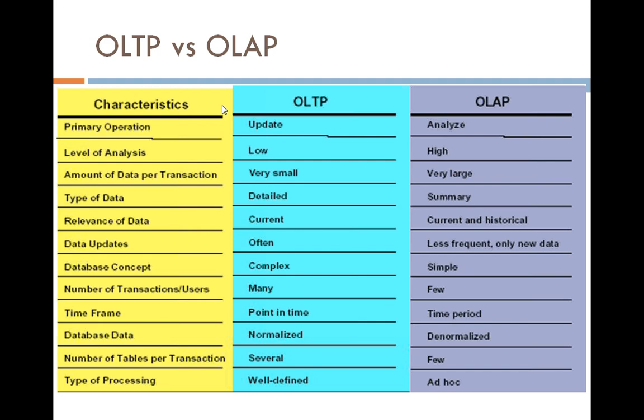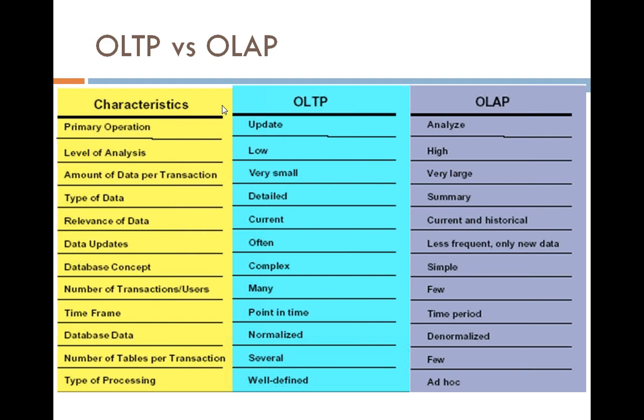That is the reason these OLTP systems are optimized for storing the data, or writing the data into the tables, and they use different tables in order to store the data. When it comes to reporting, these systems are very good at storing the data, but when we want to analyze the data, these systems are missing some features.